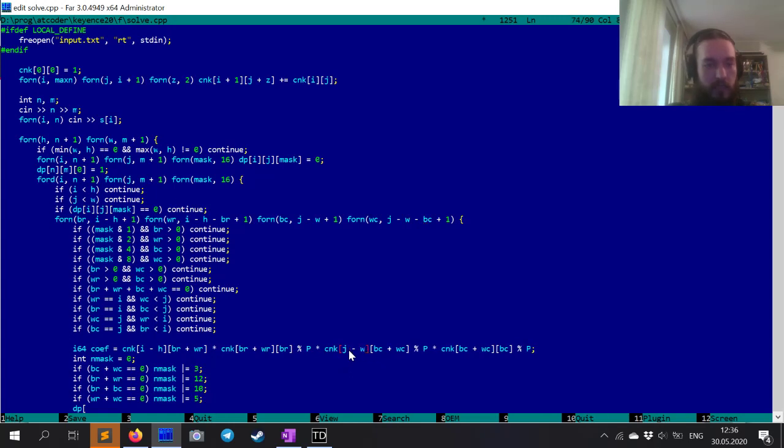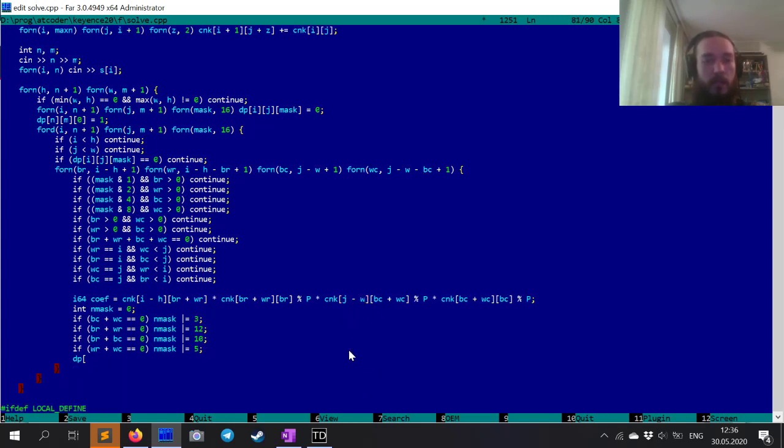All right, being careful here. So the dynamic programming of the remaining board, which is I minus all the rows that we have erased, j minus all the columns that we've erased.